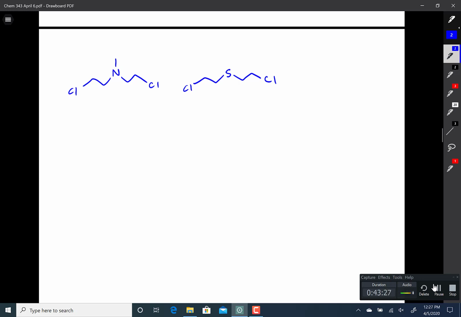But you have to be very, very careful with molecules like this, because they also do neighboring group participation.